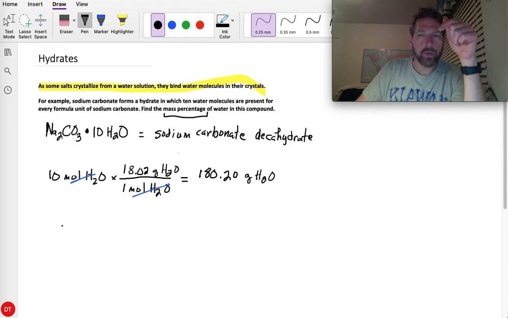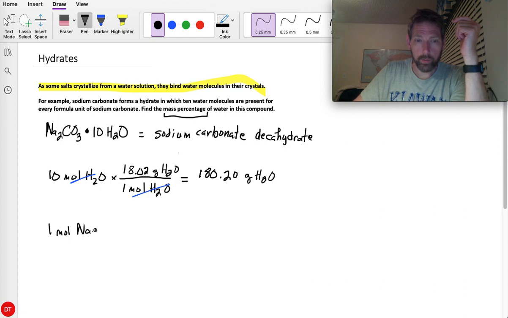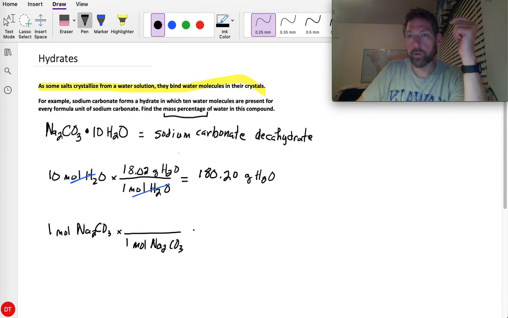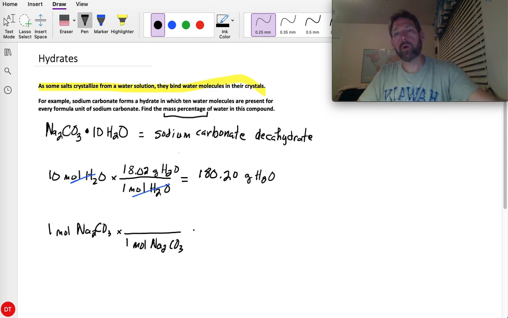Percentage means fraction of the whole. So we need to know the whole amount of mass that we're working with, which means we have 1 mole of sodium carbonate. So in 1 mole of sodium carbonate, how much mass do we have? Well, we know sodium is 22.99, right?